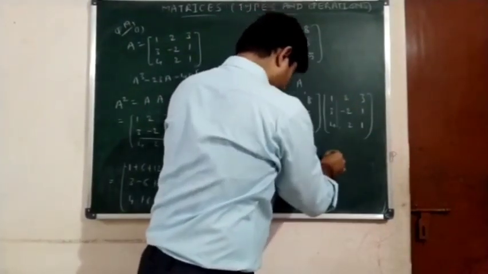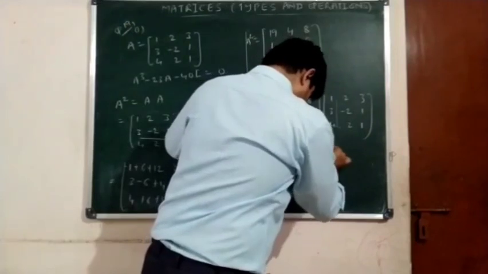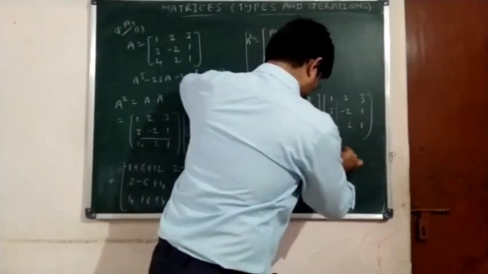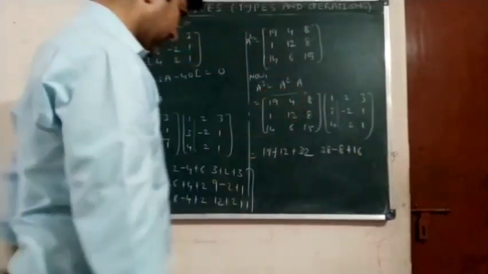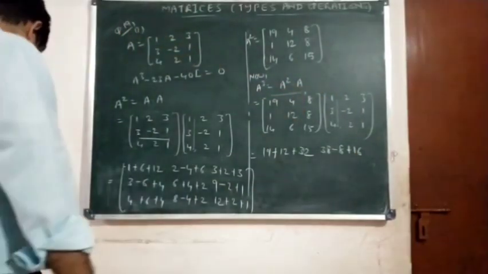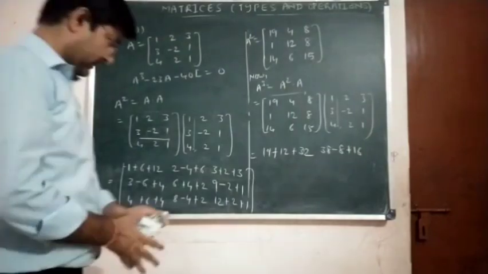Okay. Now first row into second column. 19 2s are 38 minus 4 2s are 8 plus 16. Okay, and the third element we have to write. We don't have space.